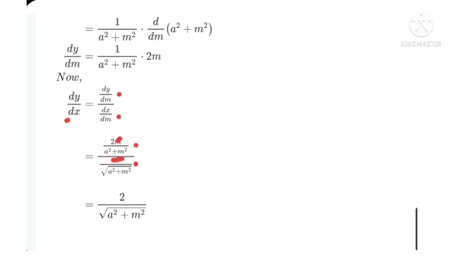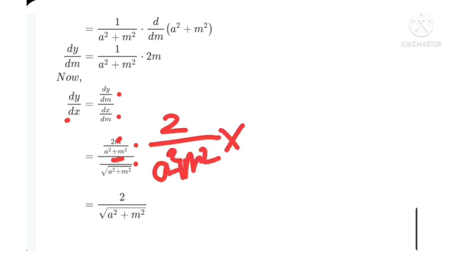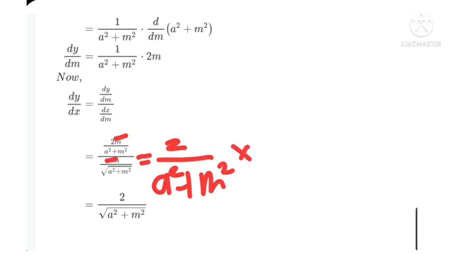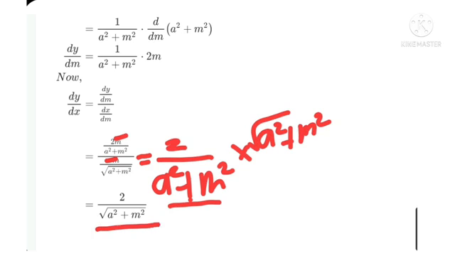So 2 upon a square plus m square into root a square plus m square remains. So we write this as root a square plus m square into root a square plus m square. One root gets cancelled, so the final answer is 2 upon root a square plus m square.